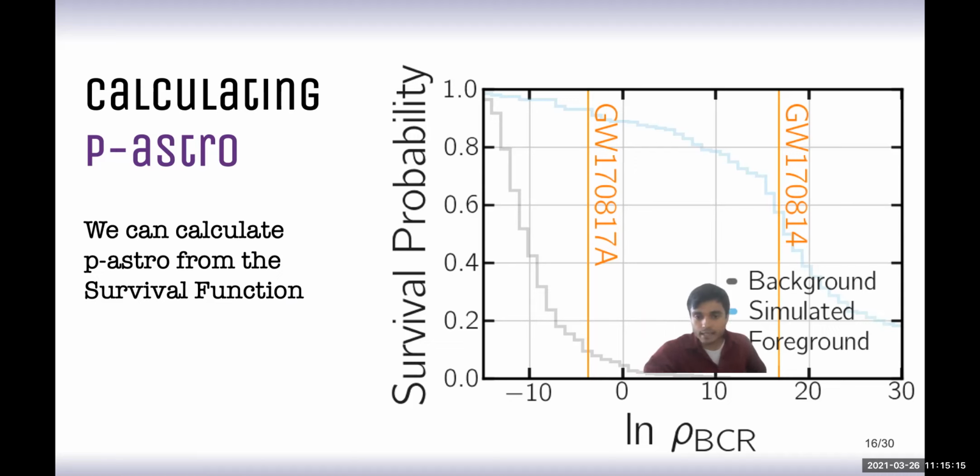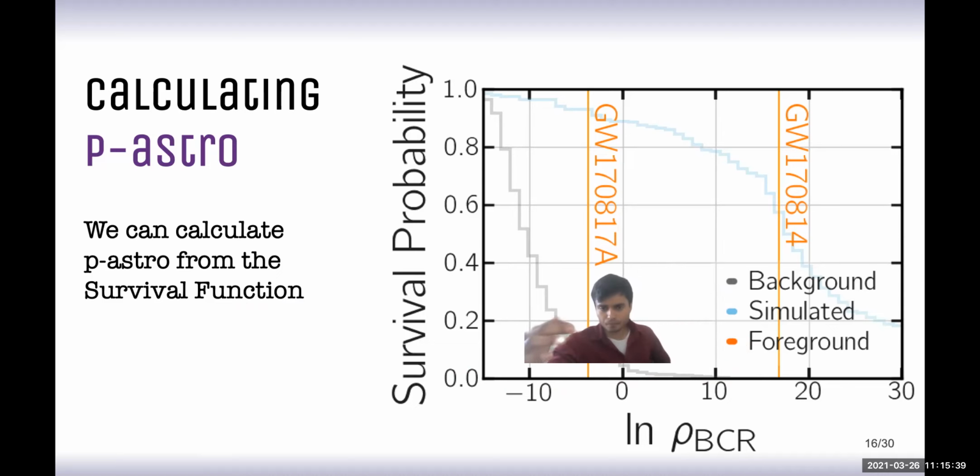So take this one, GW170814. GW170814 has a BCR of around 20, and we see that there's no background data with BCRs above this point. And so we can use this concept to try to build a probability of how astrophysical this is.